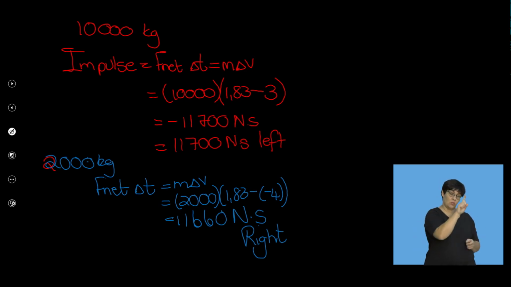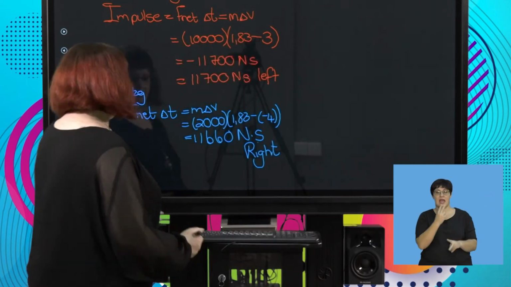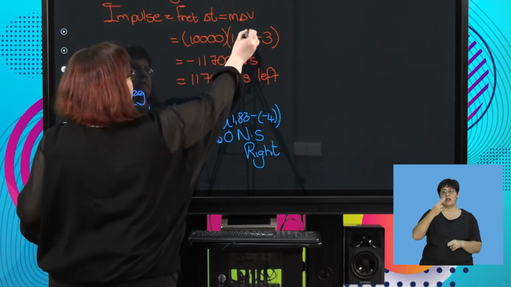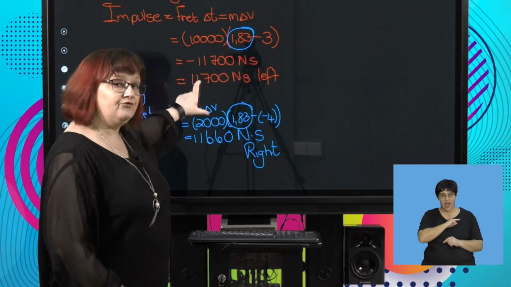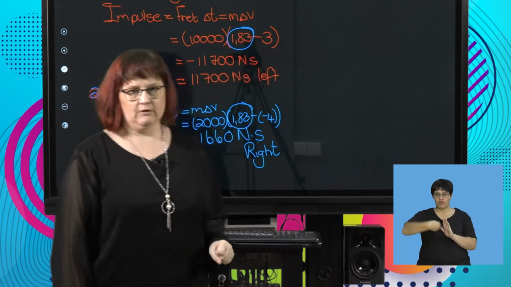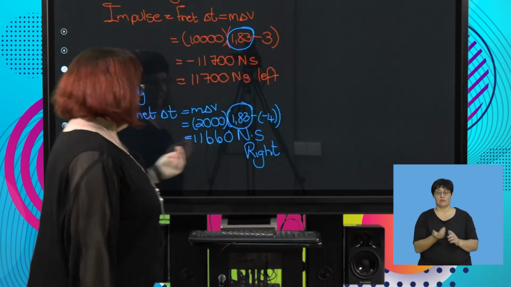If you go back to the question and you rework out the final velocity, this 1.83 is actually 1.833333333. It's 3 recurring. The difference in these two values is the fact that we rounded it off to 2 decimal places.